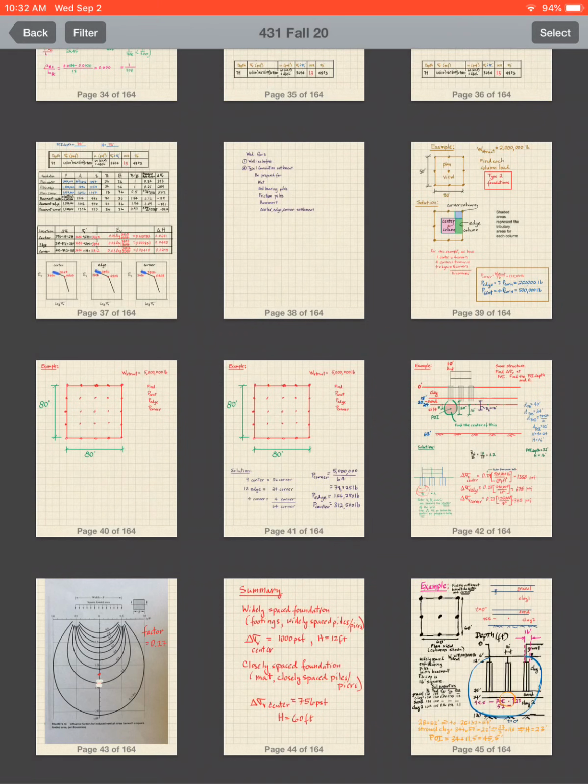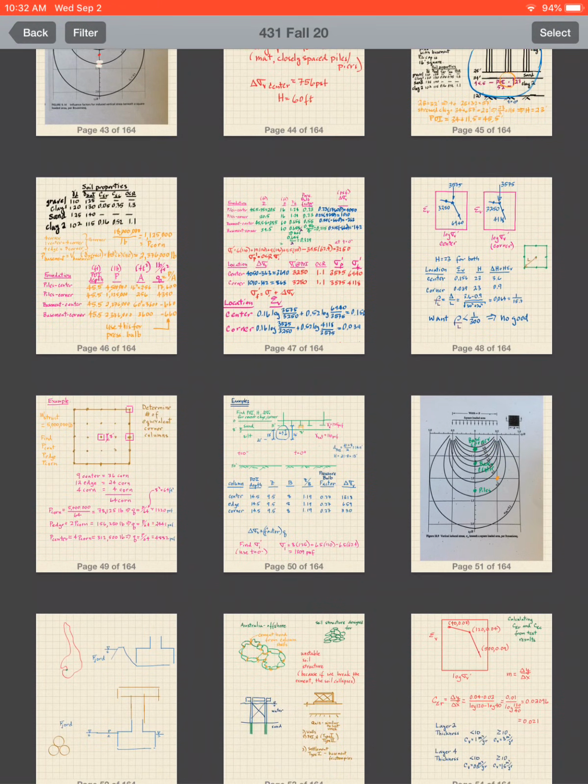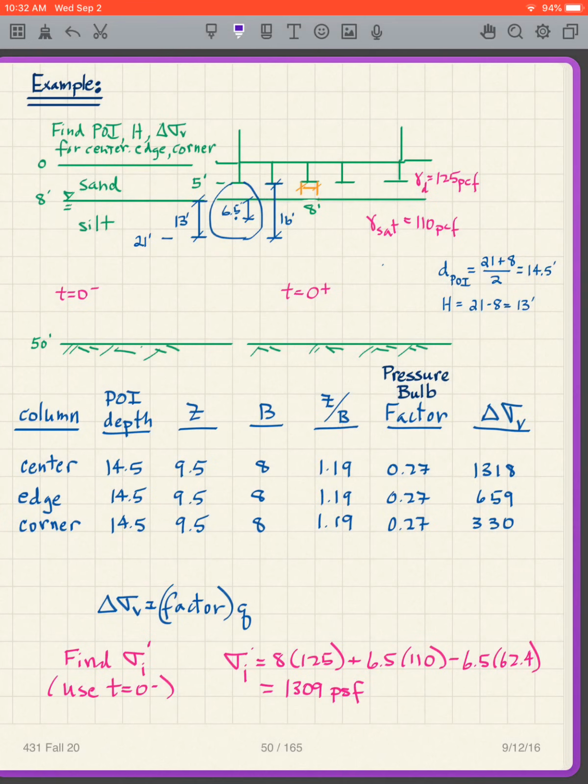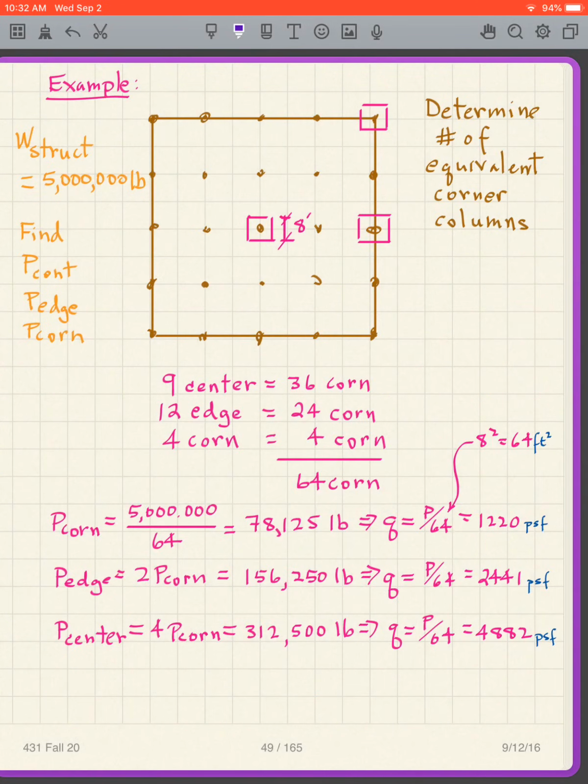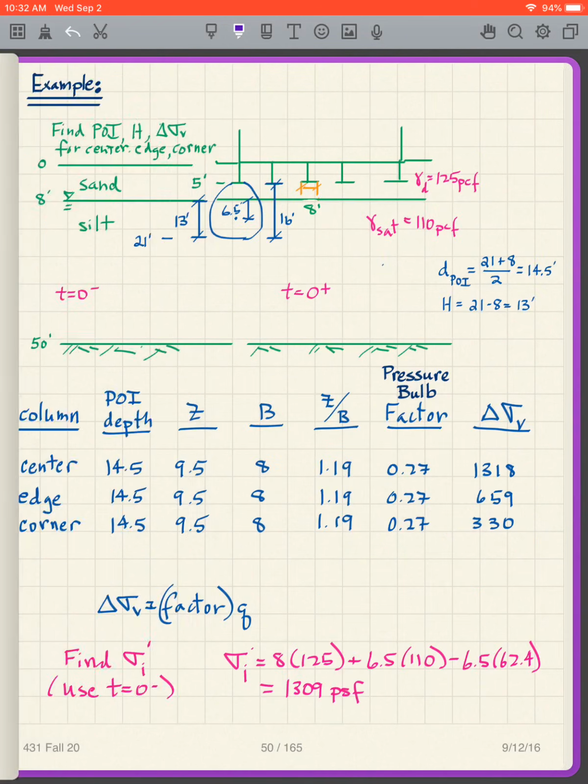And that gives us our pressure bulb factor of 0.27. And then I just multiply that pressure bulb factor times the Q that we got previously, times these Q's, and we get our delta sigma V.